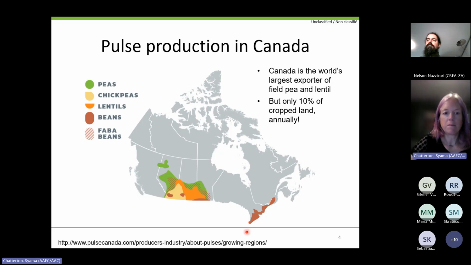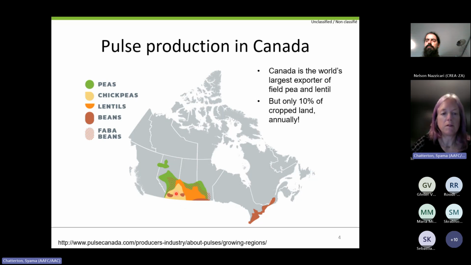And I've shown here a map of Canada, and we can see where these pulse crops are grown. Peas are really grown all over the prairies from Alberta, Saskatchewan, and Manitoba. And then there's also a small production area up in northern Alberta. Lentils are produced primarily in Saskatchewan, with some production occurring in the eastern edge of Alberta.